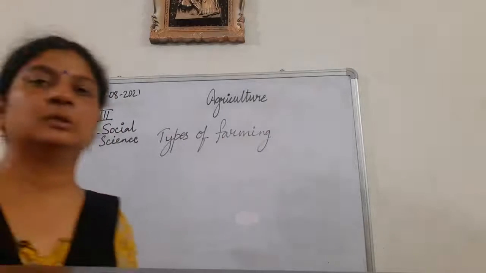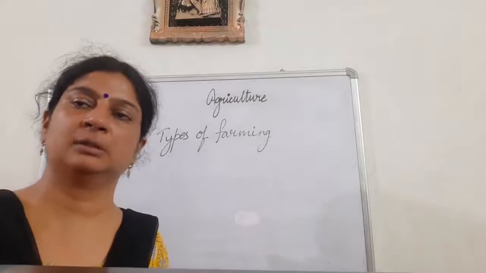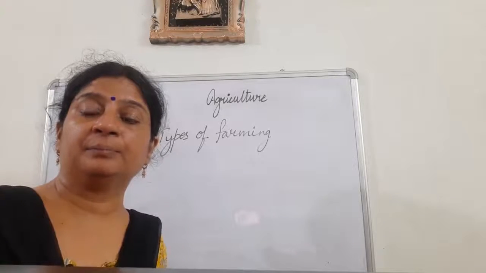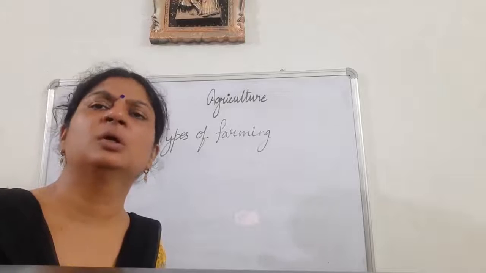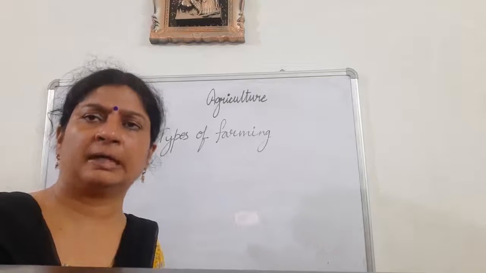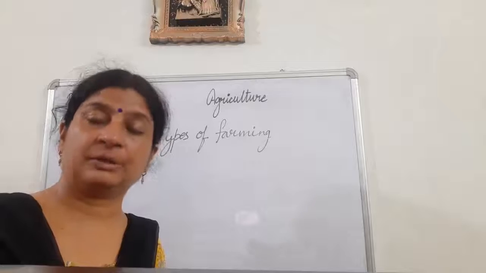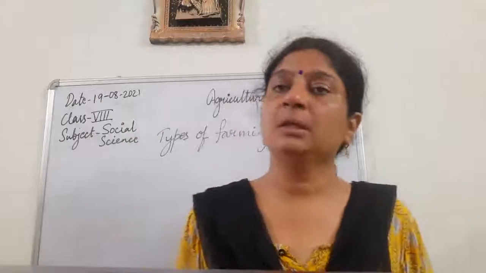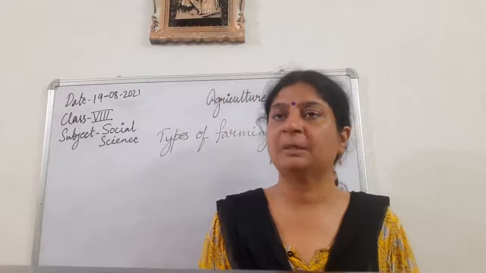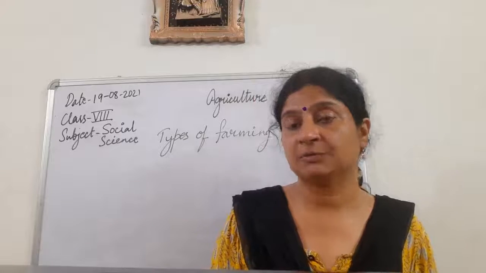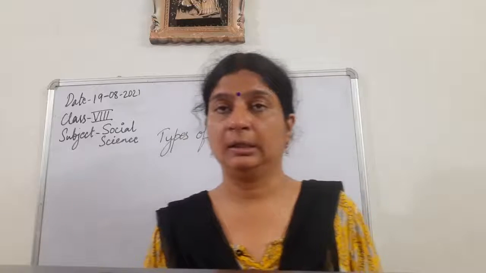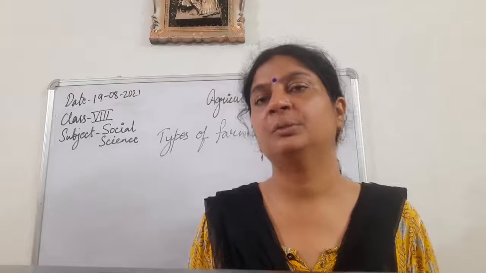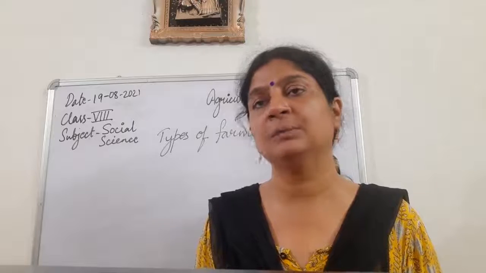Types of farming. Farming is practiced in various ways across the world, and it depends upon various factors. We can classify it into mainly two types, है ना? This classification of farming is done because of geographical conditions, demand of produce, labor, level of technology, and so on.